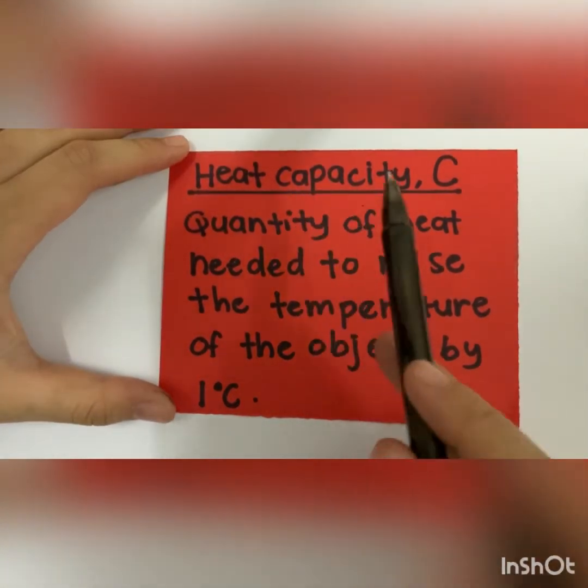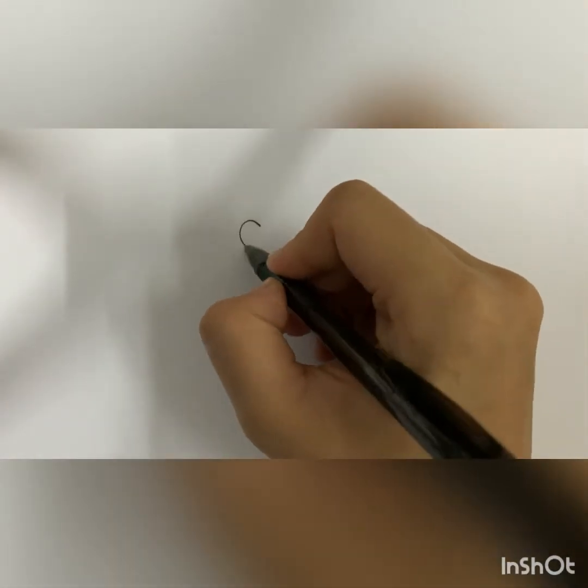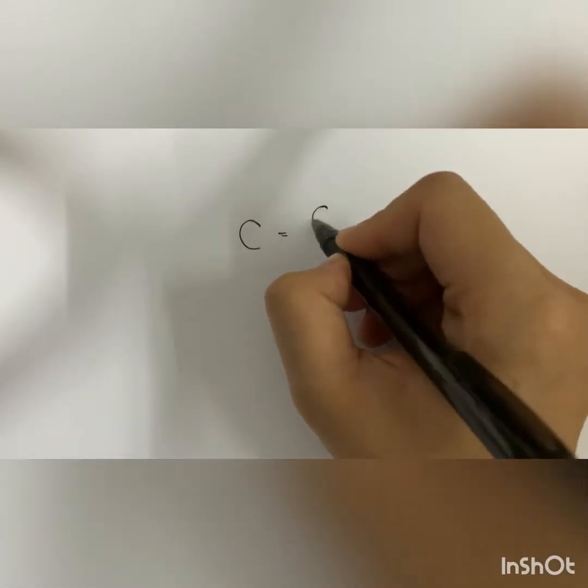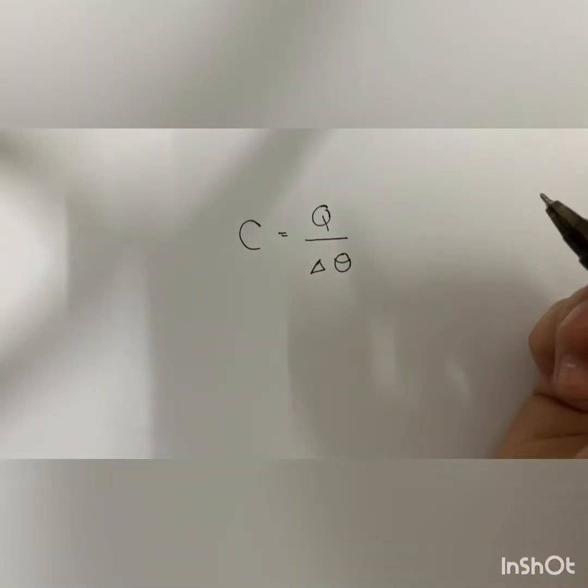But how do we find the heat capacity? We can use this formula: big C equals Q over delta theta.